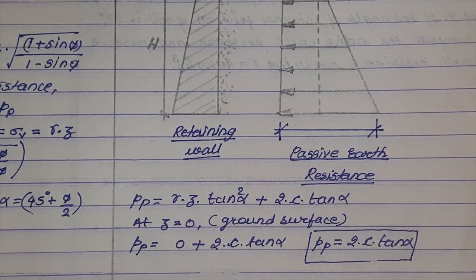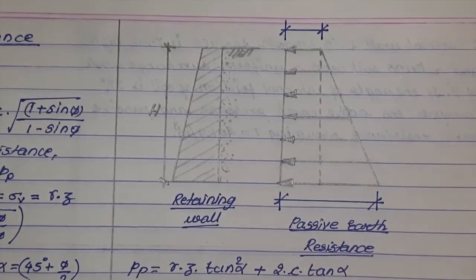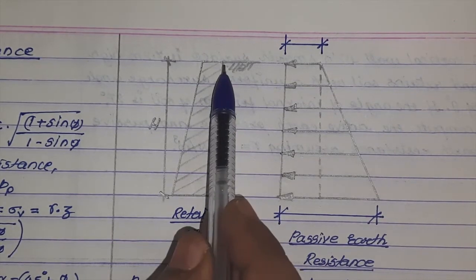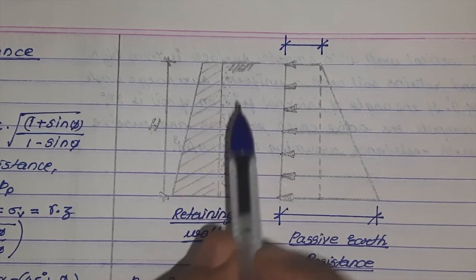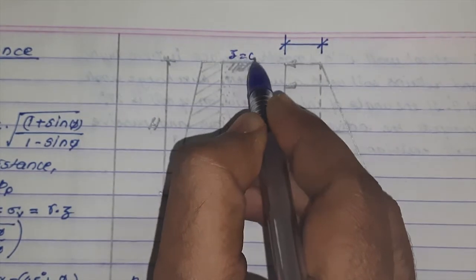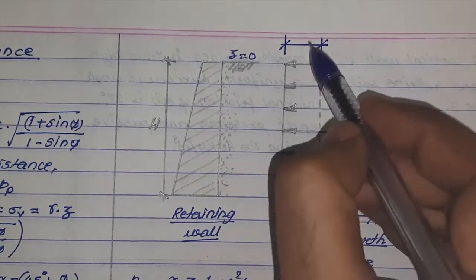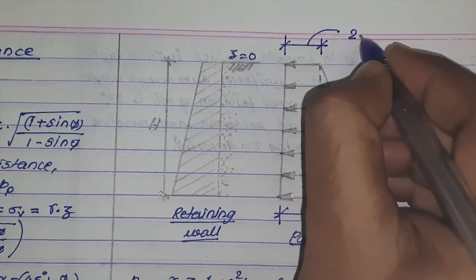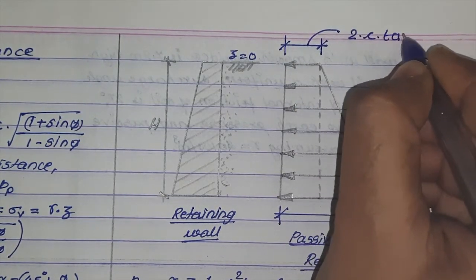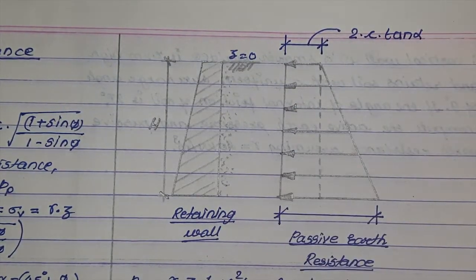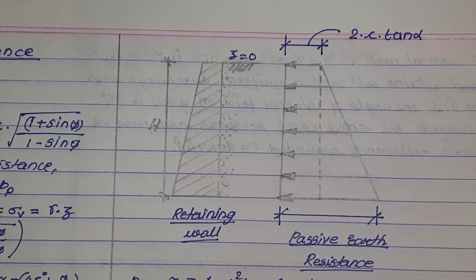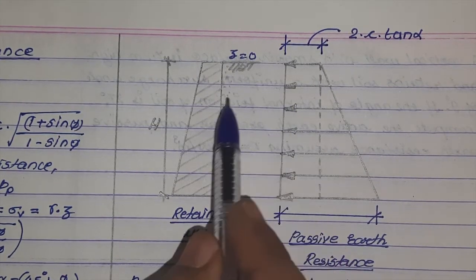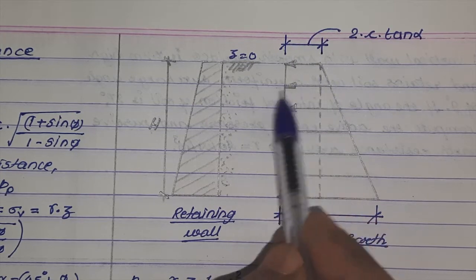Okay, hence on the diagram we can see this is the top of the retaining wall, hence here Z is equal to 0. Therefore, this pressure has magnitude 2c tan alpha, which is positive. Positive means compressive, compressive means pressing the wall. Therefore, the direction is shown like this.